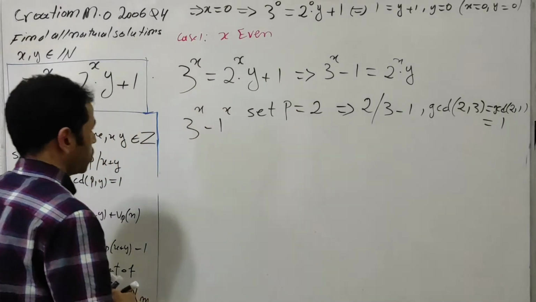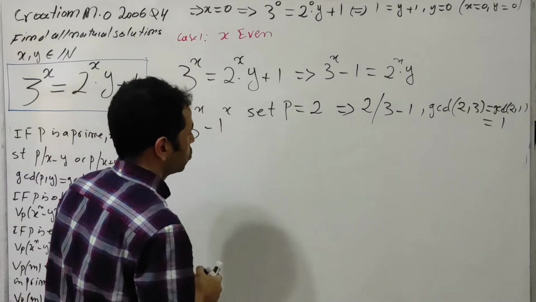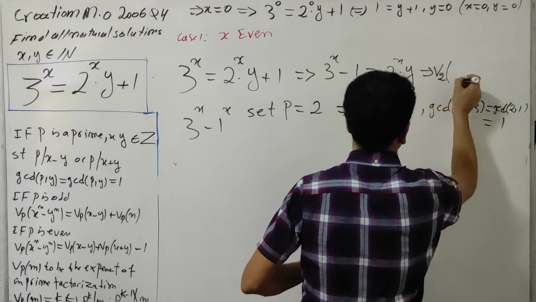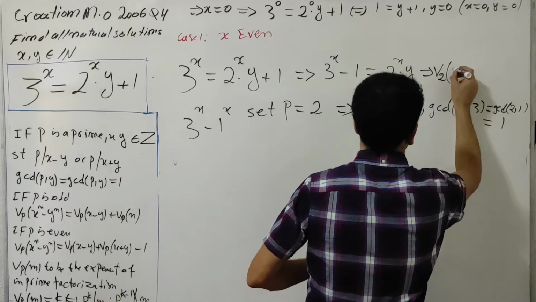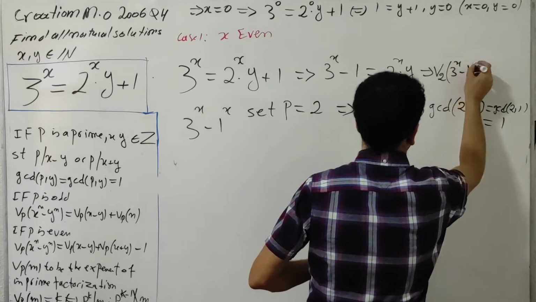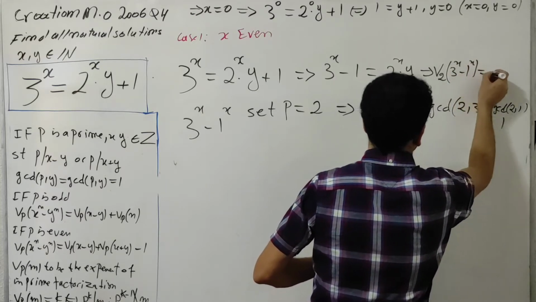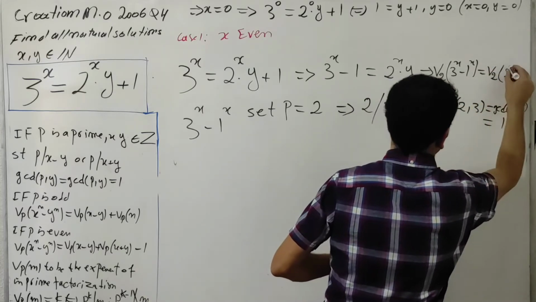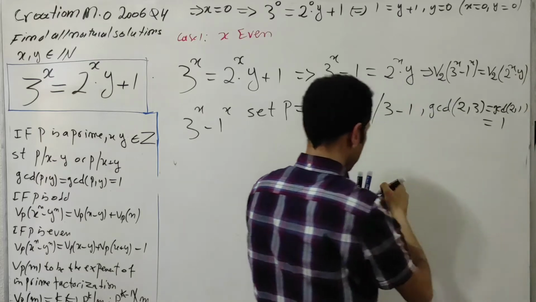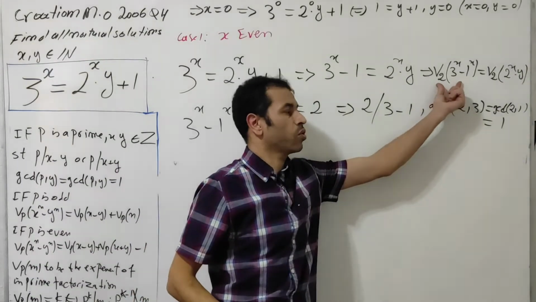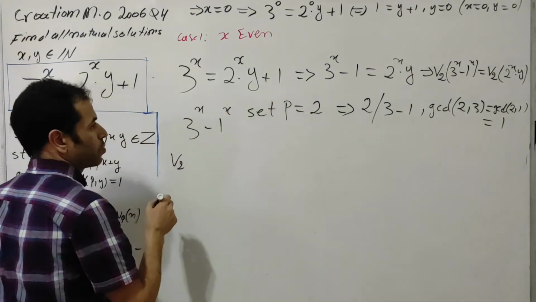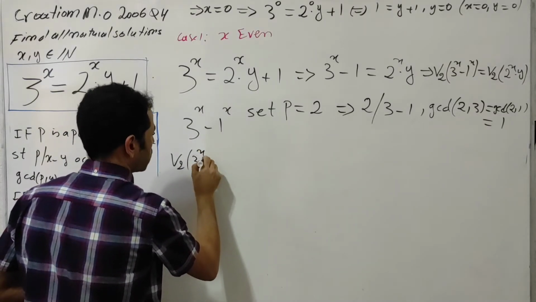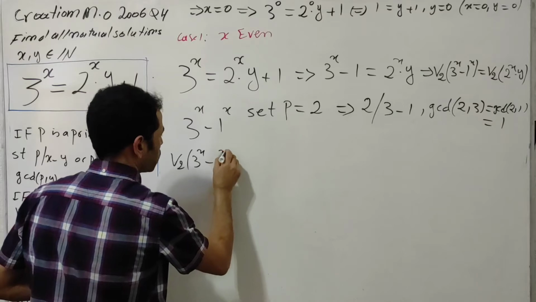Now by applying this lemma on both sides, I will have v of 2, as a prime, of 3 to the x minus 1 to the x equals v of 2 of 2 to the x multiplied by y. Now I'm going to calculate the left side, v2 of 3 to the x minus 1 to the x.